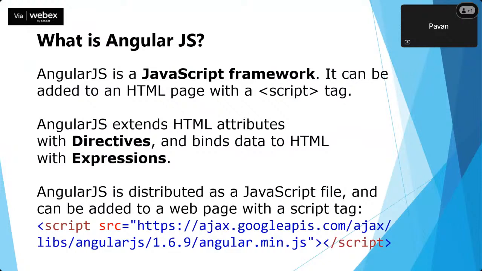Let me repeat it once. A JavaScript framework is basically a collection of libraries containing code written in JavaScript. What do I mean by this? It's basically similar to Python.